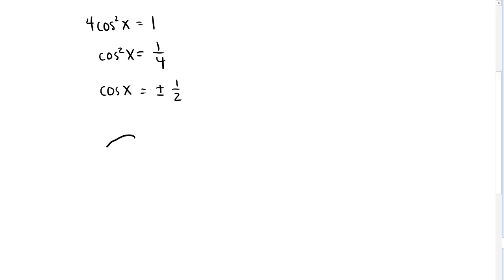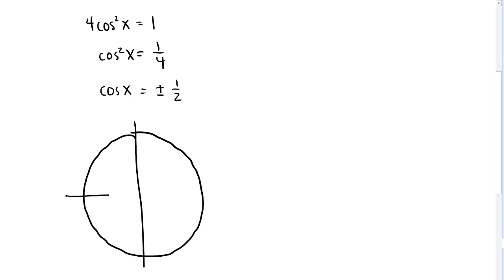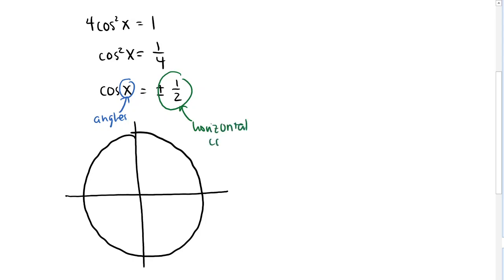And so here, if I draw out my unit circle, cosine gives us the horizontal coordinate on the unit circle, and so we're really asking what angles give us a horizontal coordinate of 1/2 or minus 1/2.